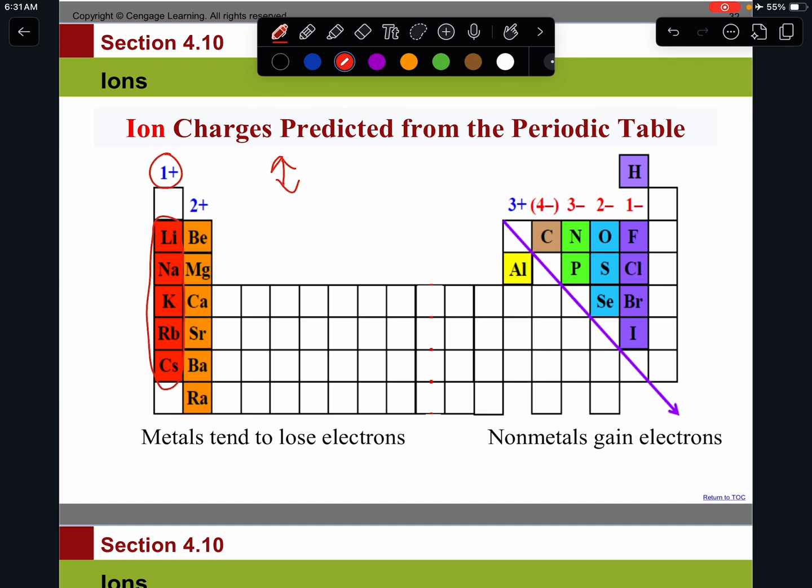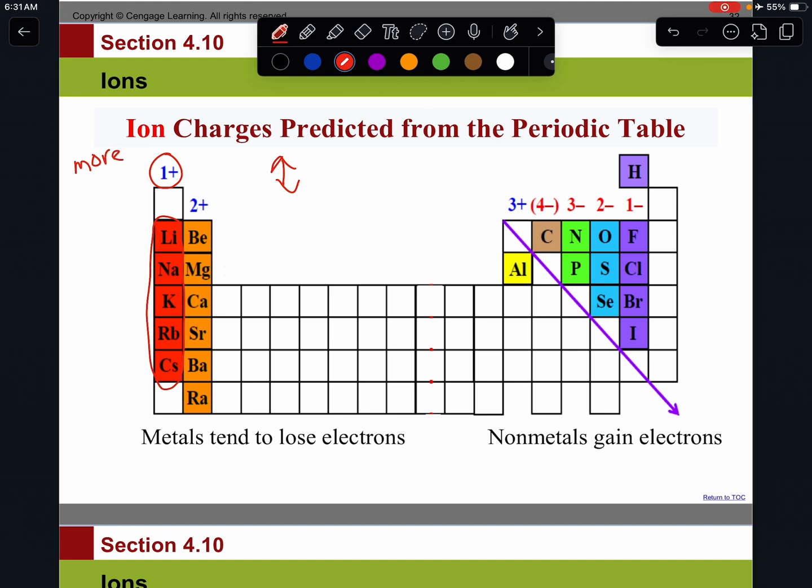So everything in this first group makes what we call a +1 ion charge. So when it decides it's going to bond, okay, let's say it's happy by itself, but it decides, hey, I want a partner. I want to be more stable in the environment. I want to bond. If I want to bond, I'm going to have to form a charge, excuse me. So if it is any of these, it makes a +1 charge.